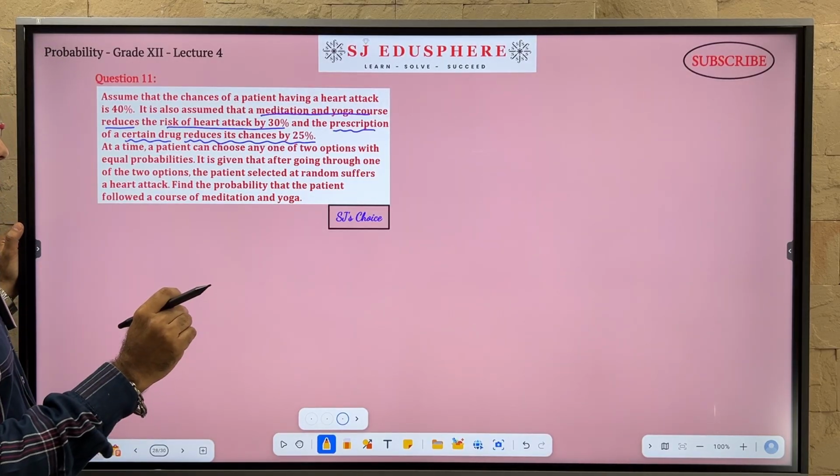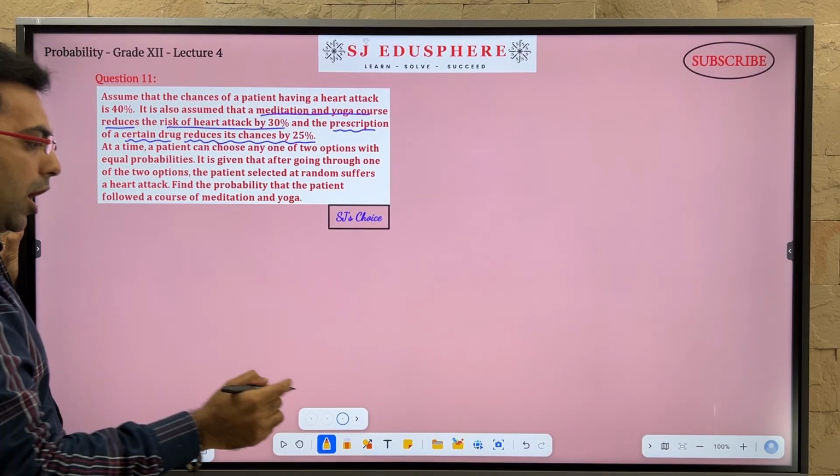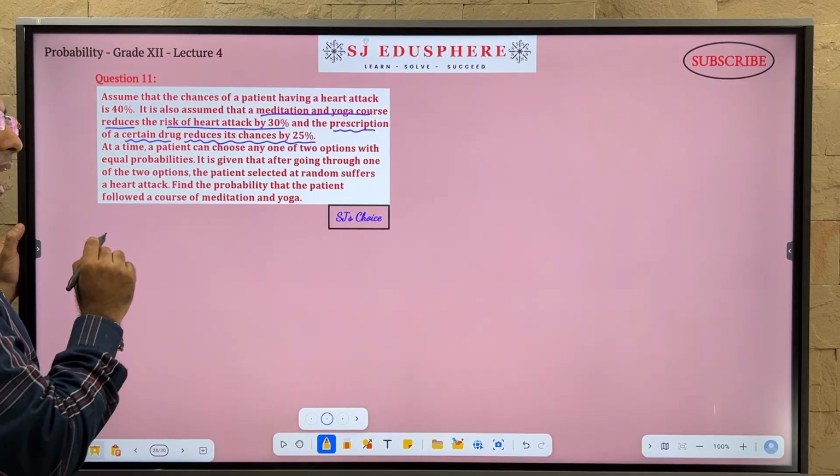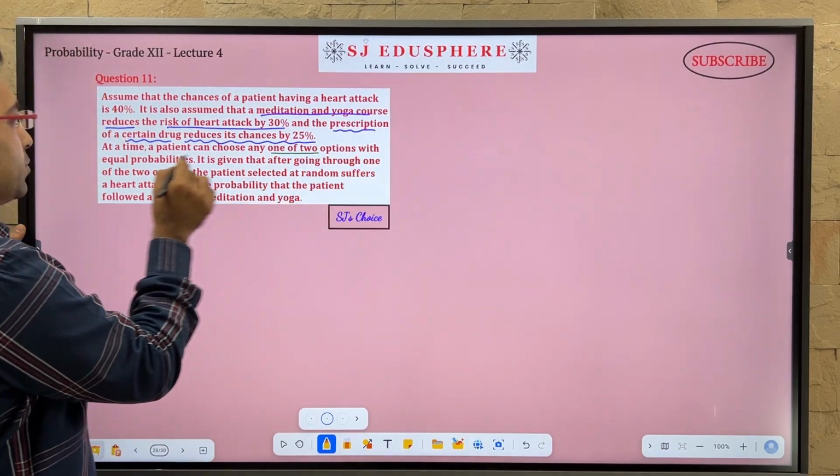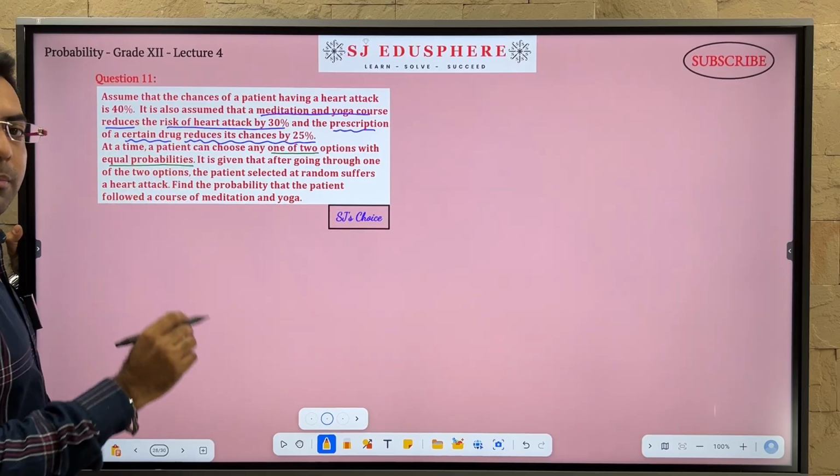Get the grammar. At a time, a patient can choose any one of the two options with equal probabilities.